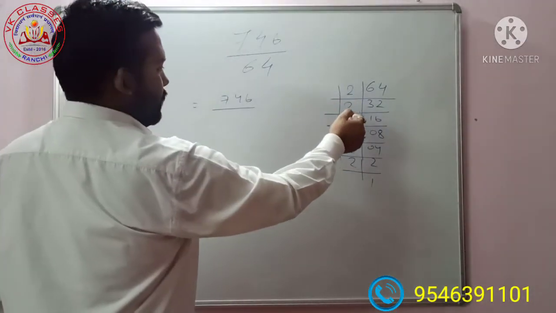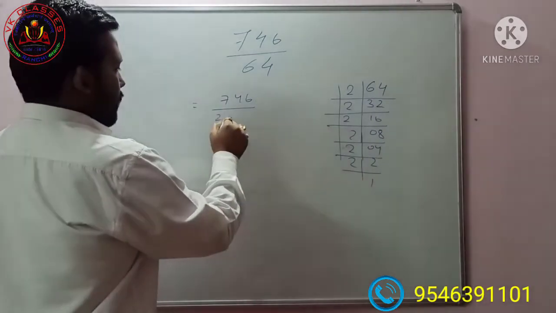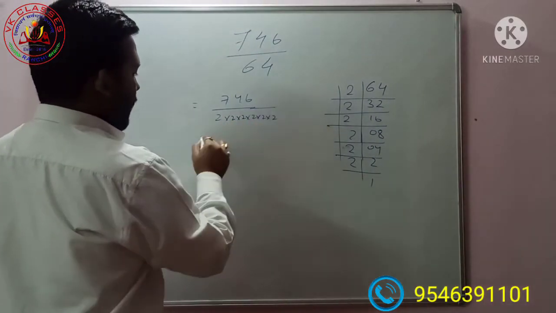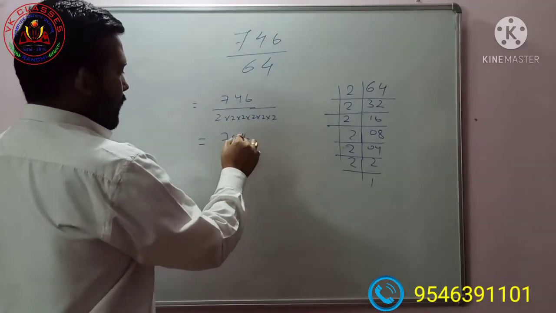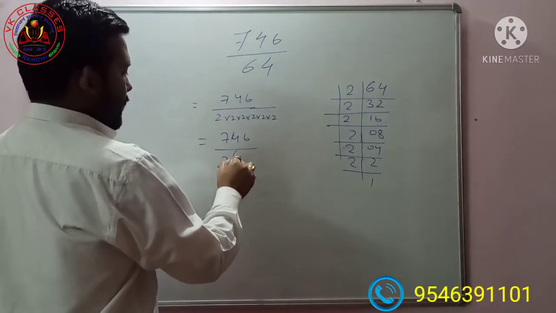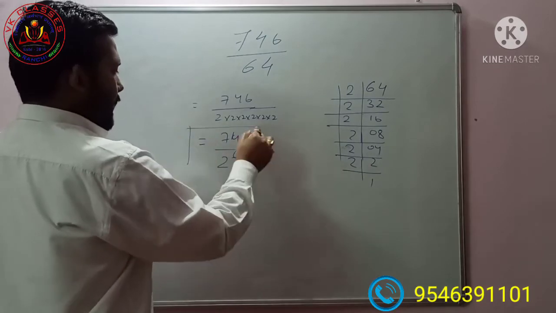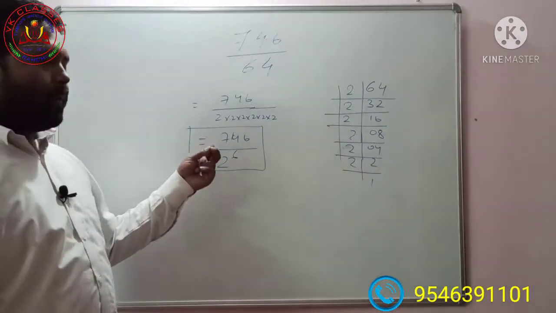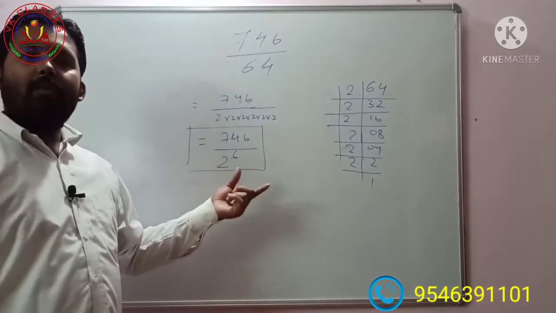There are 1, 2, 3, 4, 5, 6 twos. Directly we can write 746 by 2 to the power 6. Here also the denominator 64 is in the form of its prime factor, that is 2 only.